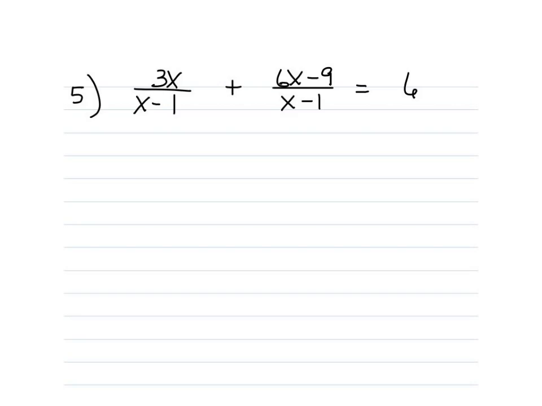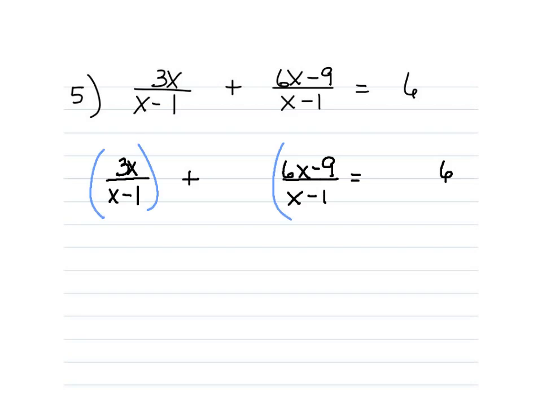So I'll rewrite this way. 3x over x minus 1 plus 6x minus 9 over x minus 1 is equal to 6. So the least common denominator here is x minus 1. And what we'll do is we will multiply every term times x minus 1.